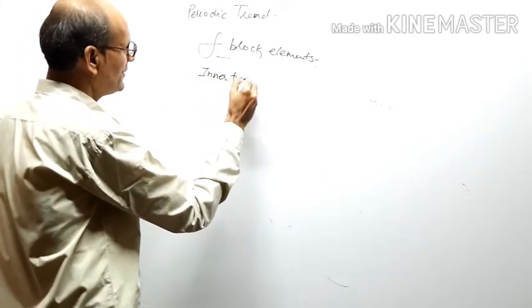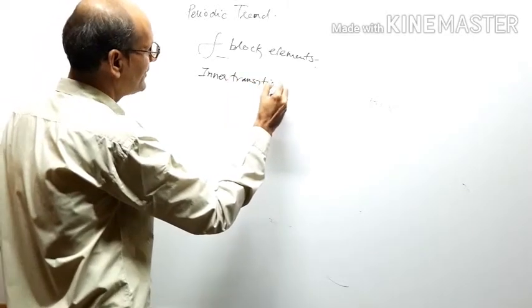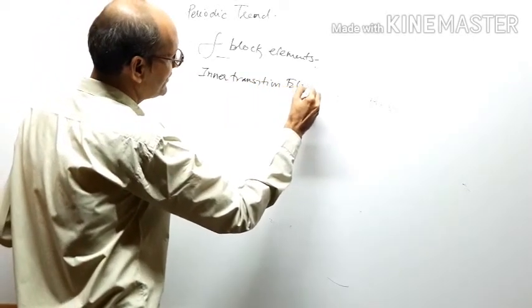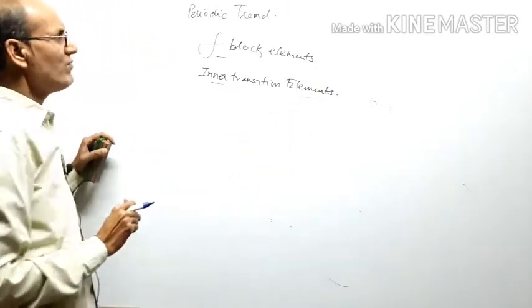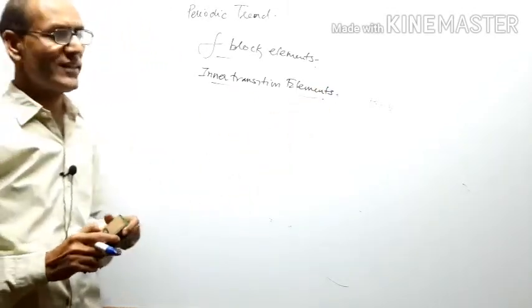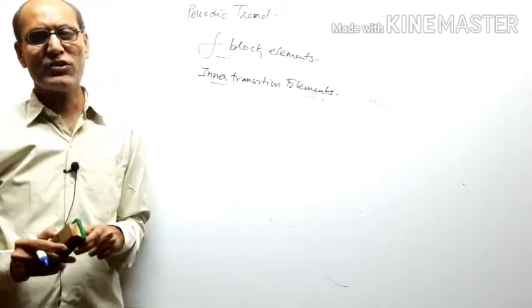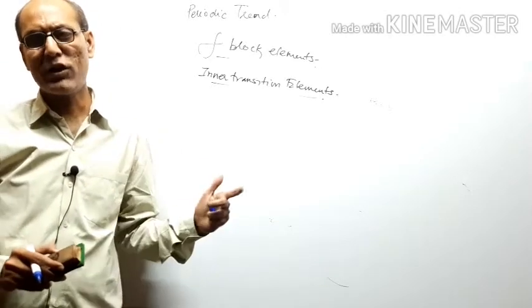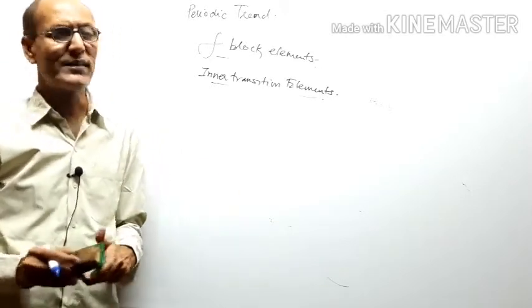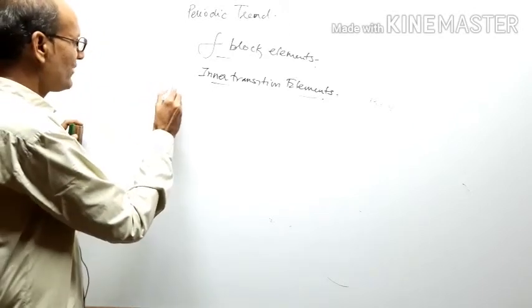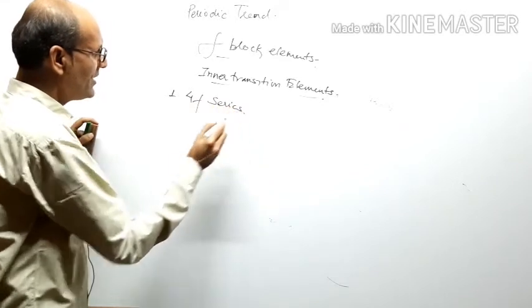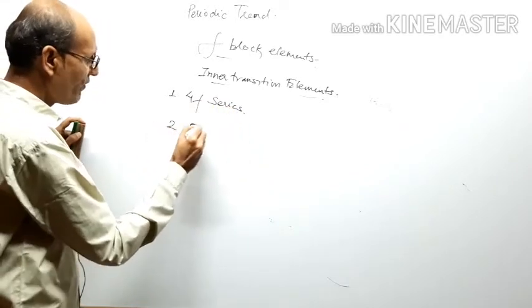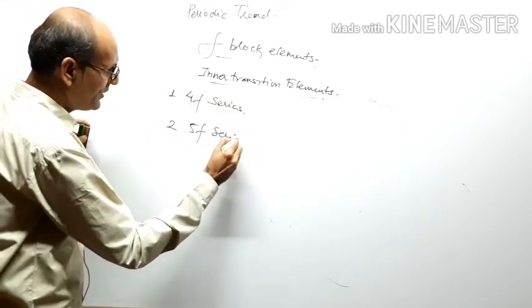Inner transition elements, F block elements or inner transition elements. There are 28 elements in this block and they are classified into two parts. One is the 4F series, and second one is the 5F series.